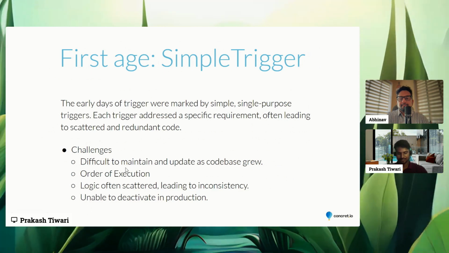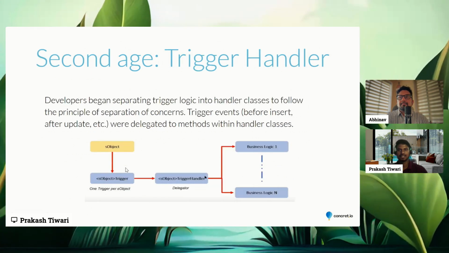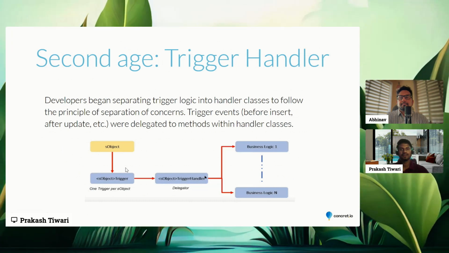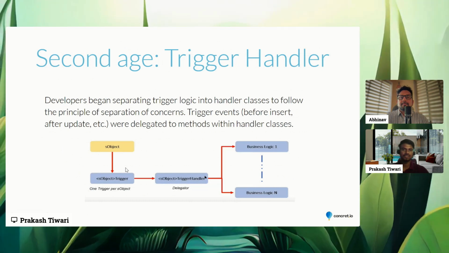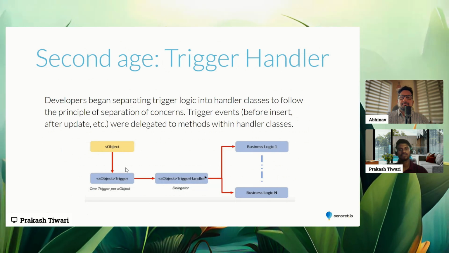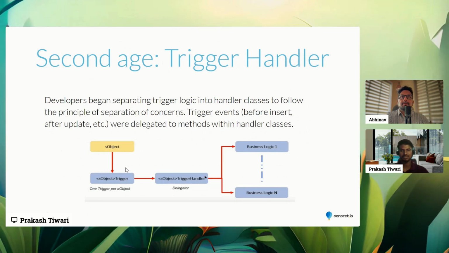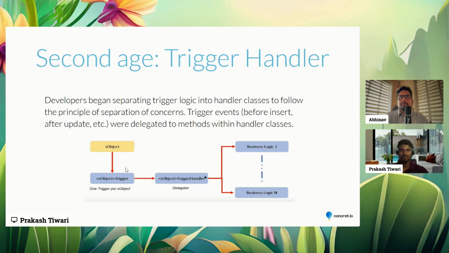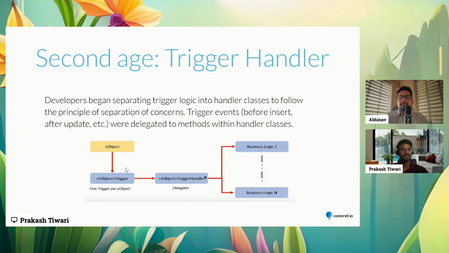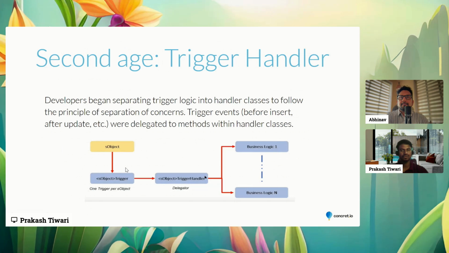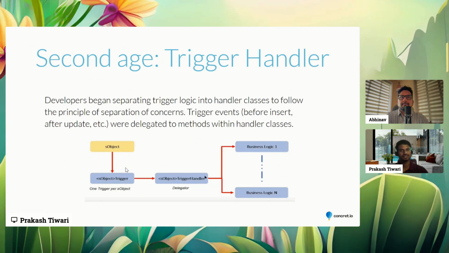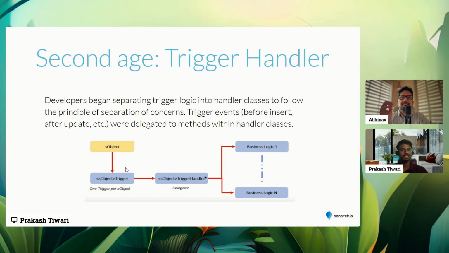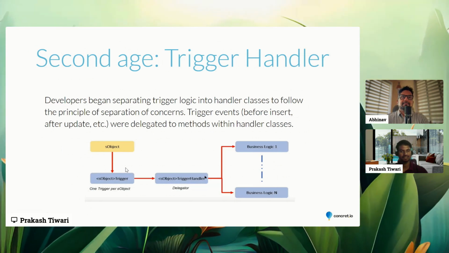Okay, so let's move to the next age, which is the second age. Here we'll see how the trigger handler is used and what problems the handler is going to solve. Developers began separating the trigger logic into handler classes to follow the principle of separation of concerns. Trigger events like before insert and after update were delegated to methods within the handler class.